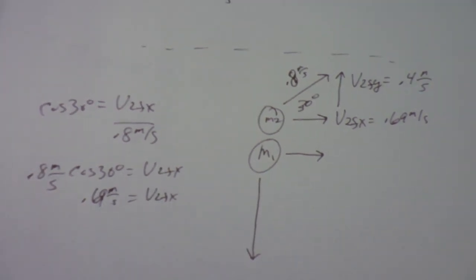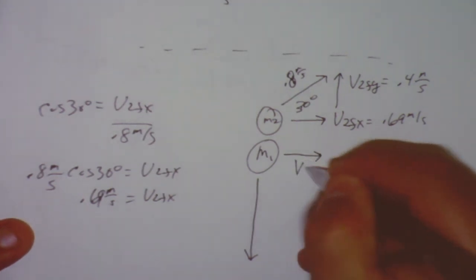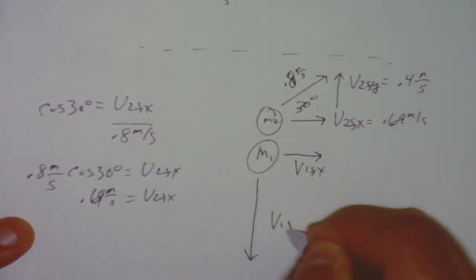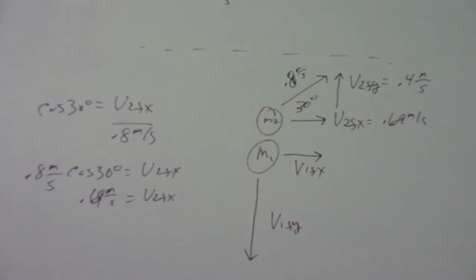So we're at the point now where we could actually try to solve this by using conservation of momentum in the x direction and then also in the y direction. What I'm really trying to do is figure out V1 final in the x, V1 final in the y.